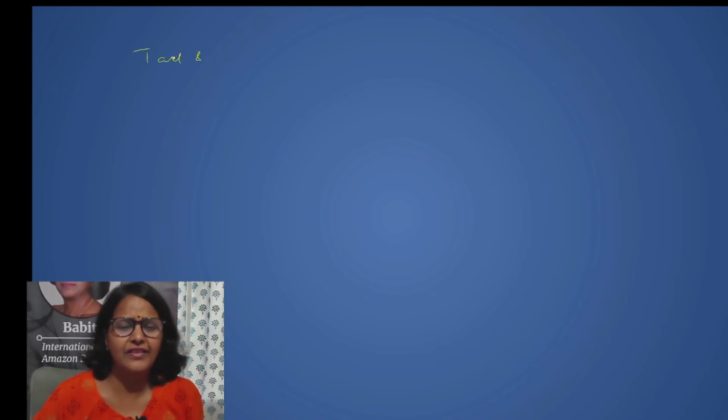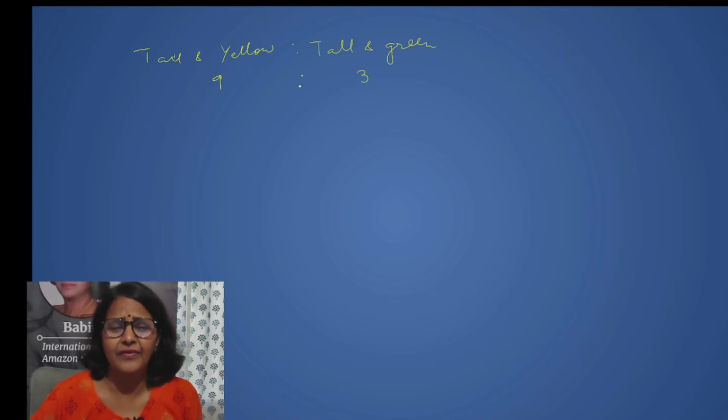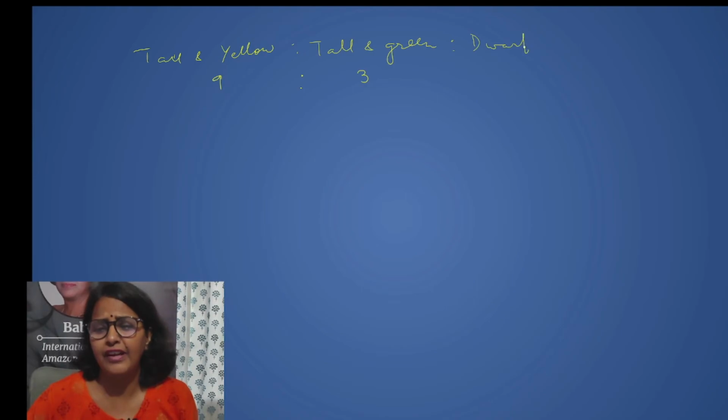Tall and yellow 9 is to tall and green 3 is to dwarf and yellow 3 is to dwarf and wrinkled 1.